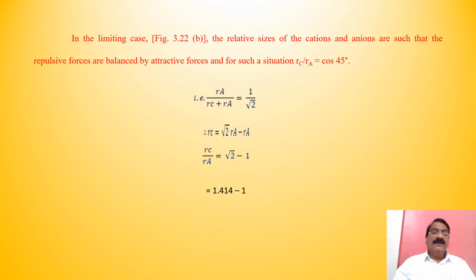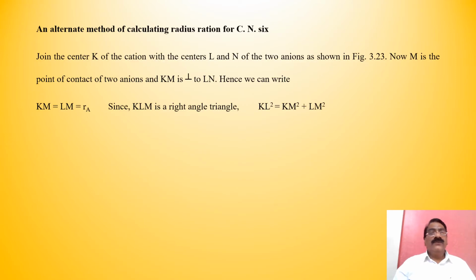With the value of root 2, we have 1.414 minus 1. And thus, we get Rc upon Ra is equal to 0.414.